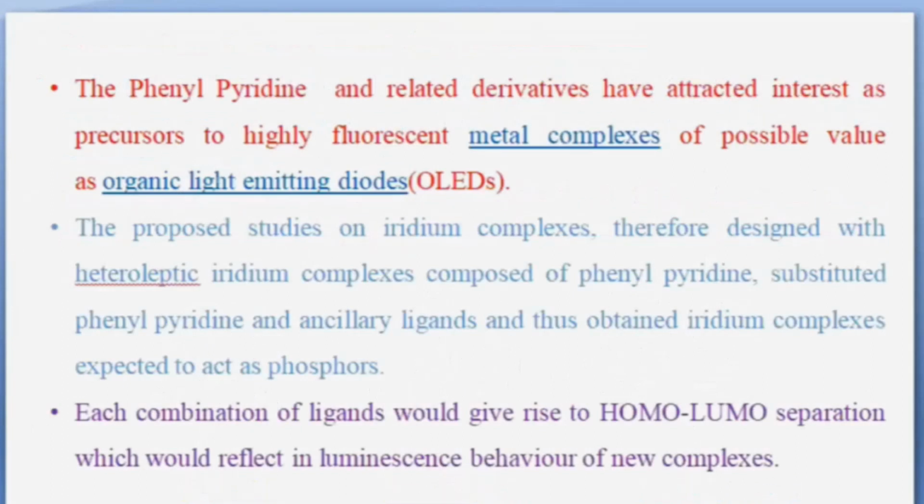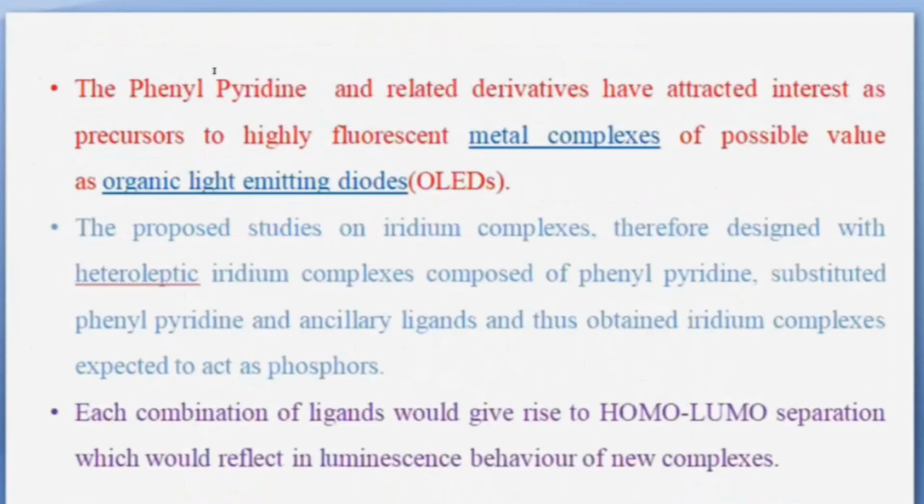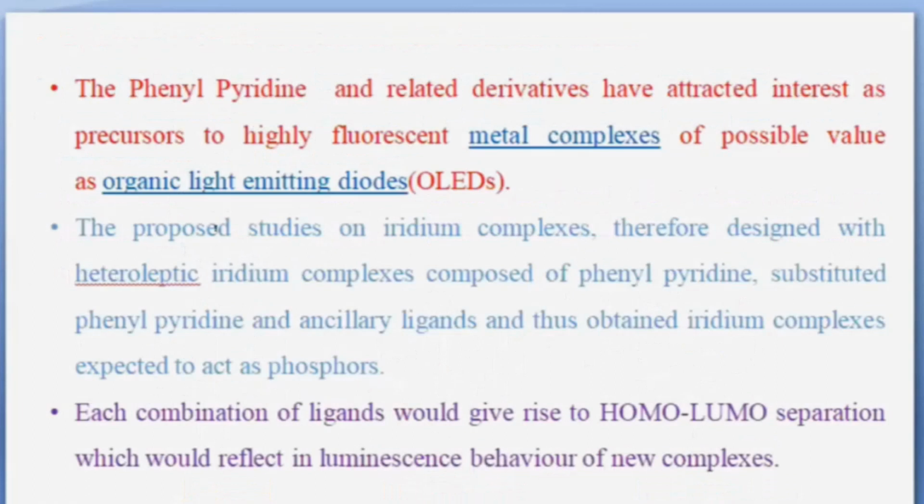So here I use phenylpyridine type ligands. These are phenylpyridine and its derivatives, because they have a high fluorescence quantum value. The proposed study on iridium complexes is therefore designed with a heteroleptic iridium complex composed of phenylpyridine, substituted phenylpyridine, and an ancillary ligand. Here is the ancillary ligand, and here is the cyclometalating phenylpyridine type ligand.